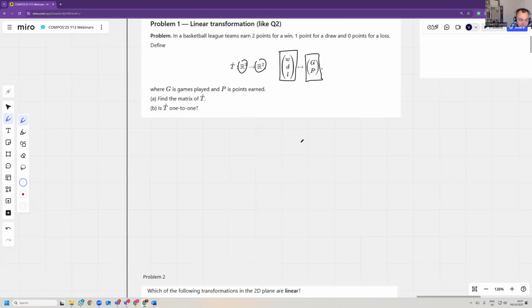Well, to do this, we need to construct a system of equations. For example, how do we get the number of games played if we know how many wins, draws and losses? Well, it's quite simple. W plus D plus L equals G. If you add the wins, draws, and losses, you get the number of games played.